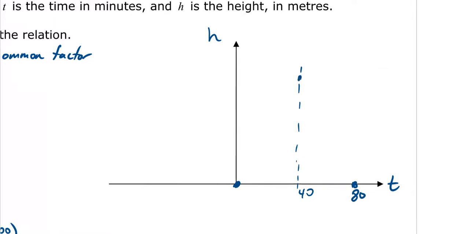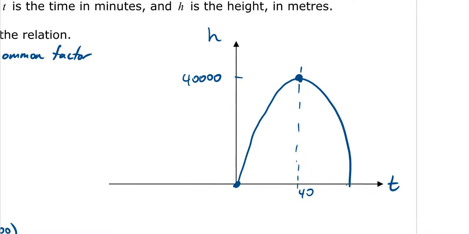And then your vertex will be a point up high at 4,000. And then you draw your parabola. Oops, there we go. Let's just move the points. There we go. Done.